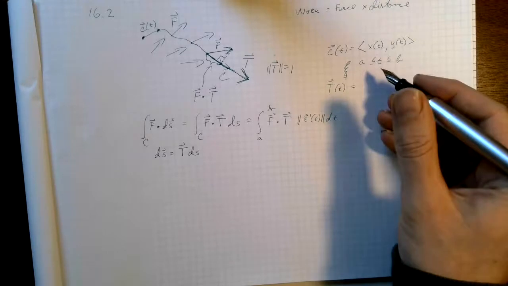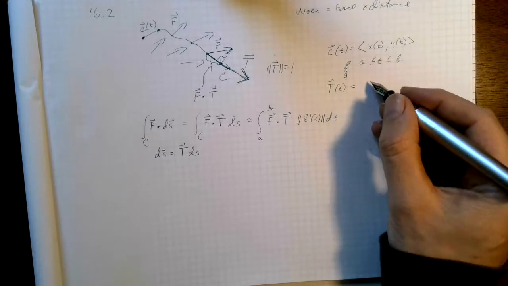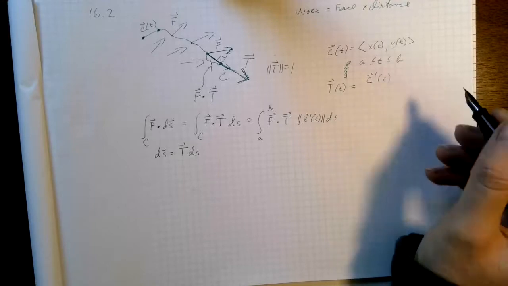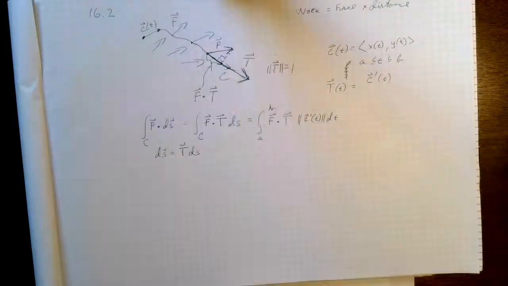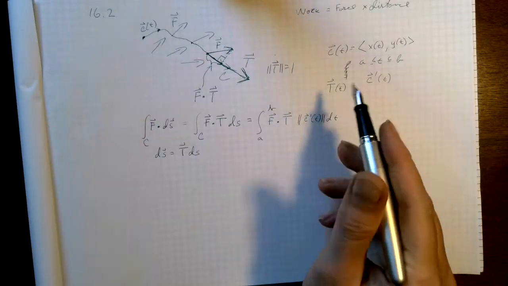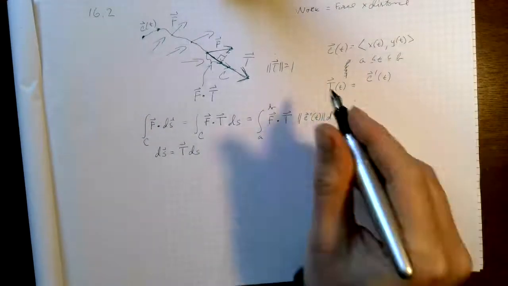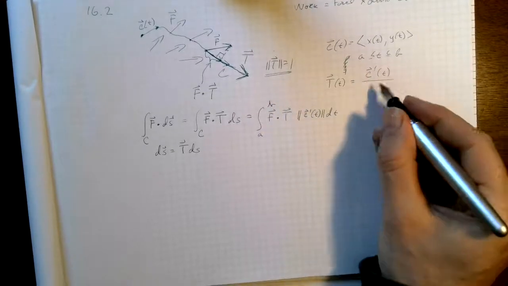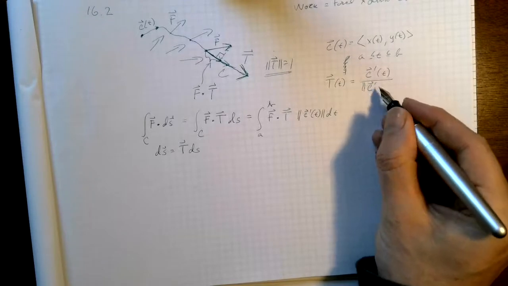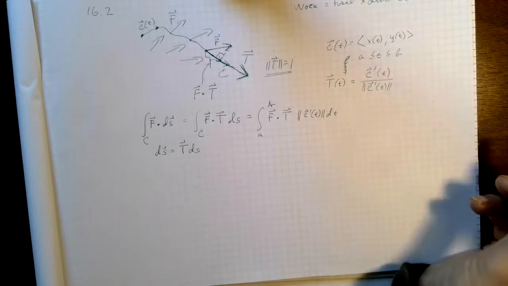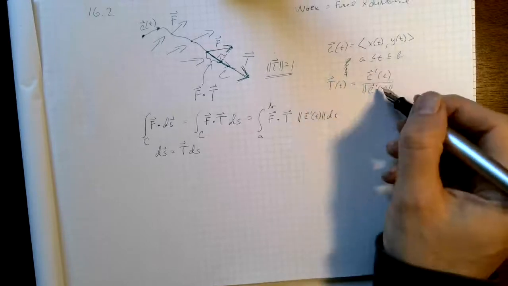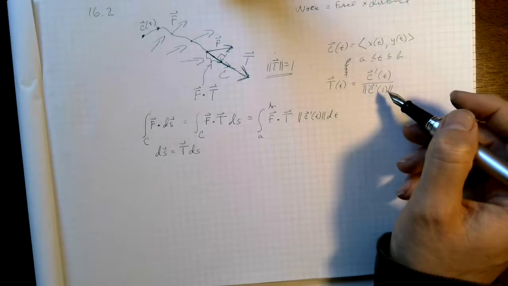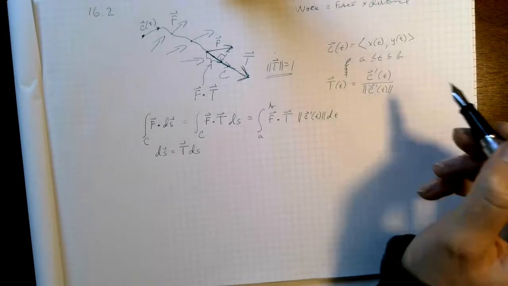And we know that velocity points in the direction of travel, so that's tangent. But now we want the unit tangent, so we want the magnitude to be 1. So we want to divide by the magnitude, the speed. And so this vector is going to be the unit tangent vector.